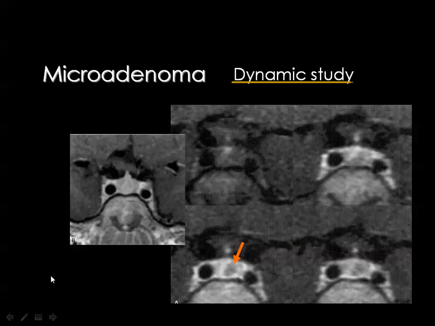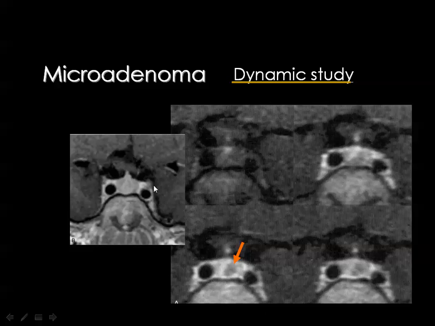these are selected images from a dynamic study. We inject contrast and we scan rapidly the pituitary gland. And we know that the pituitary gland enhances more rapidly than the pituitary microadenoma. Then by the dynamic study, you have the chance to detect a less enhancing lesion within the pituitary gland representing a microadenoma.